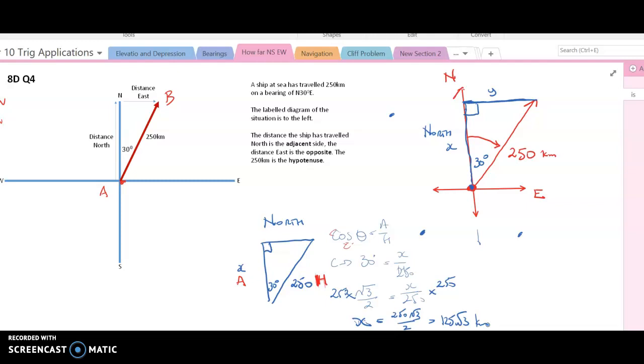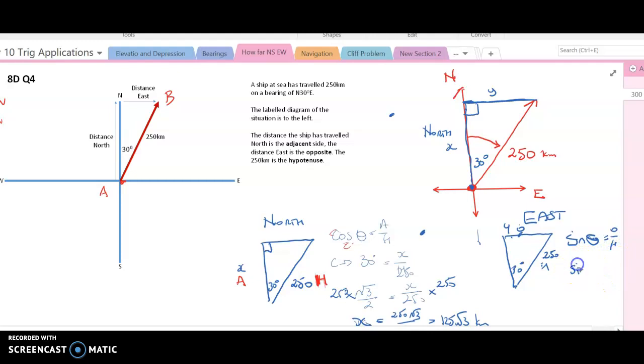And of course the y, how far east. Again we're doing the same triangle. This time we're working out y, which is obviously the opposite. We've still got the hypotenuse at 250. And then there's the 30 degrees. This time we want sine theta equals opposite over hypotenuse.